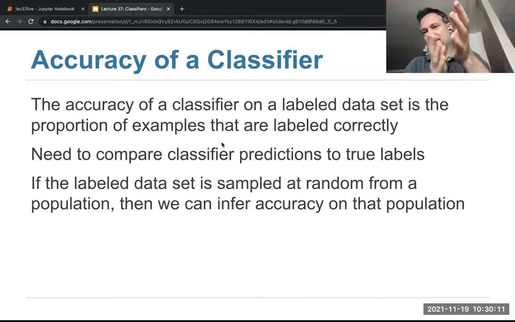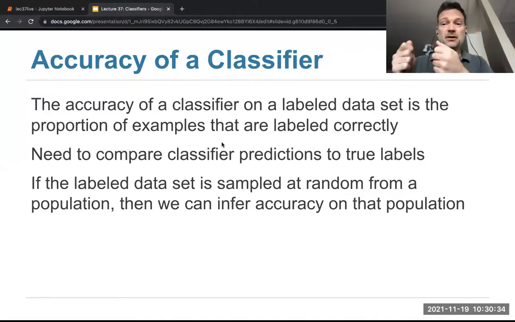We run the classifier on each of those patients, and we compute what proportion of times the prediction it made matches what we know is the correct answer. Okay, so that's how we evaluate accuracy. We call that data set of patients the test set. We're testing the accuracy.